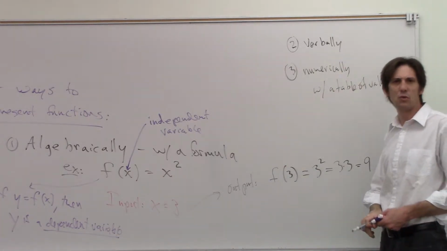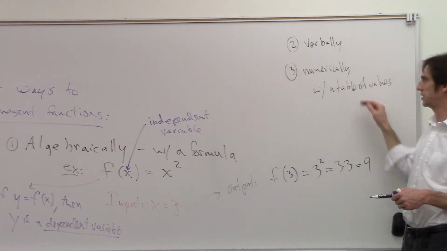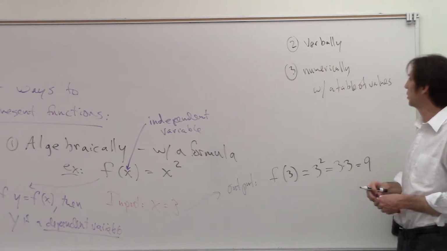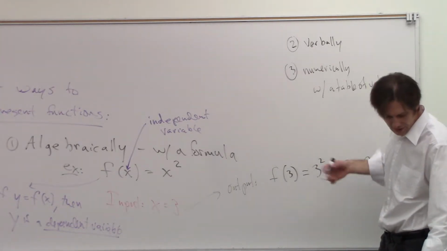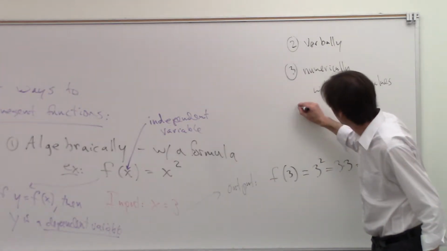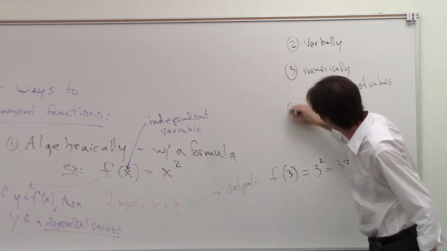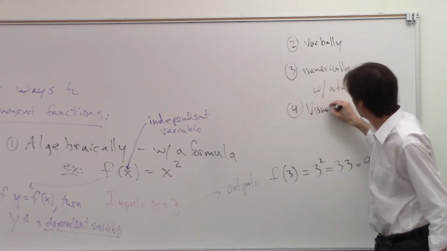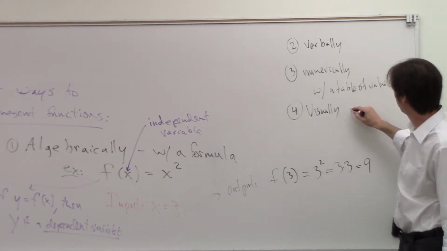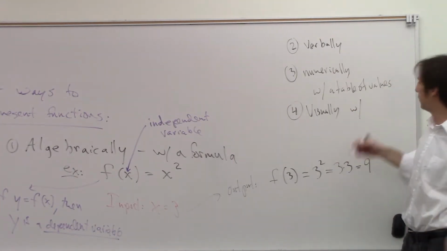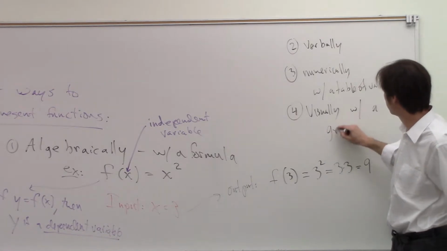In some of the examples in this section, you'll have a chance to work with functions that are defined by a table of values. And then lastly, they say visually as a fourth way to represent a function. When I hear visually, what I'm thinking of is somehow representing a function with a graph.